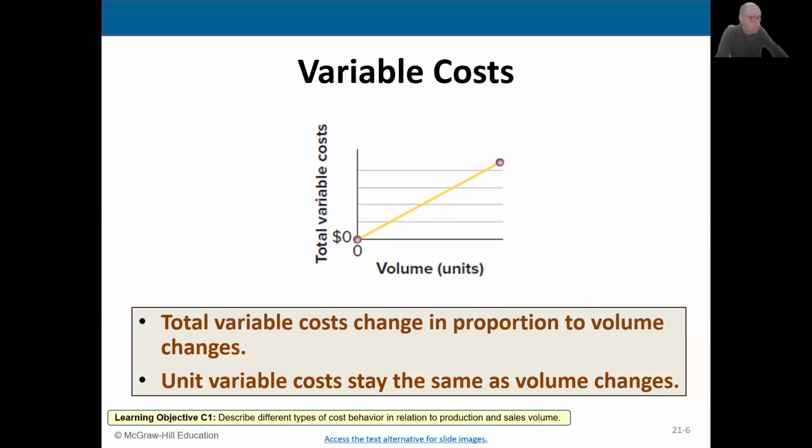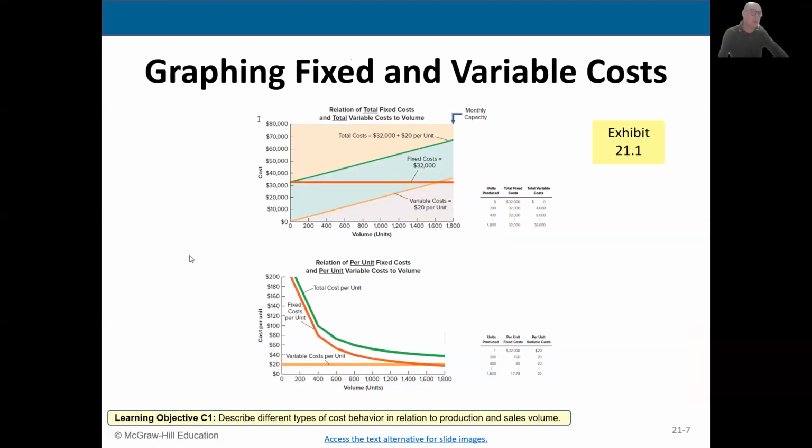However, the total variable costs increase with an increase in the units of production. They would also decrease with a decrease in production, you see? It's related. So now that you understand fixed costs, now you understand variable costs, here they are together, fixed and variable costs.